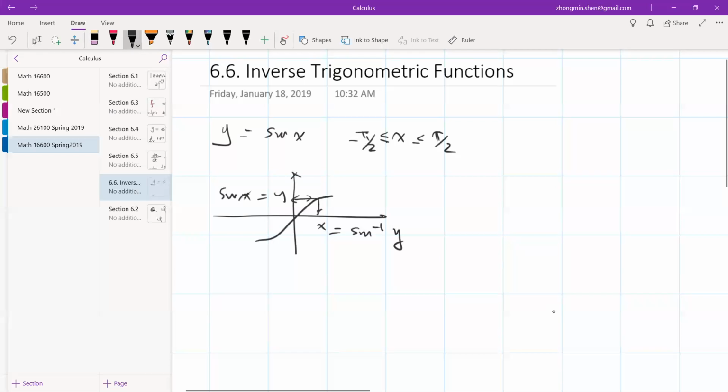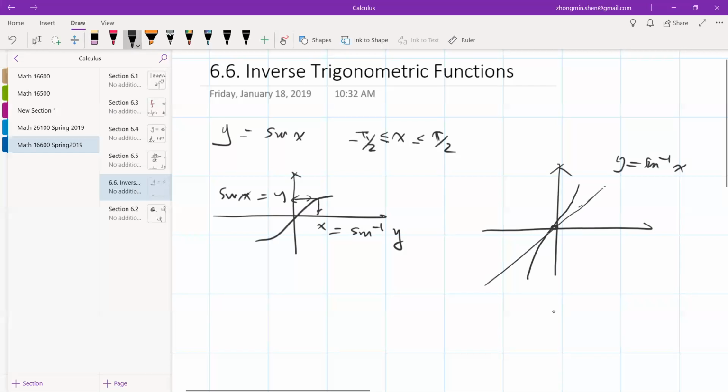Those two equations are equivalent. But if you want to draw the graph for y equals sine x, exchanging the two variables, the graph will be somewhere here. It looks like that.